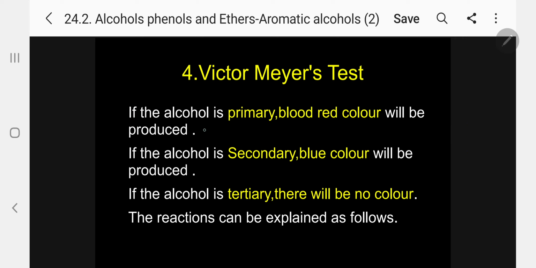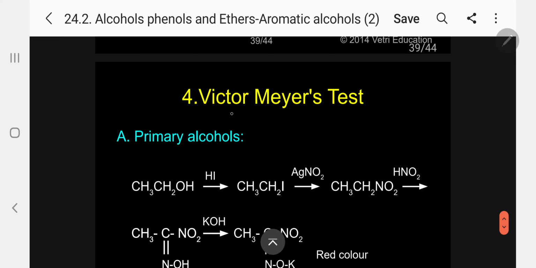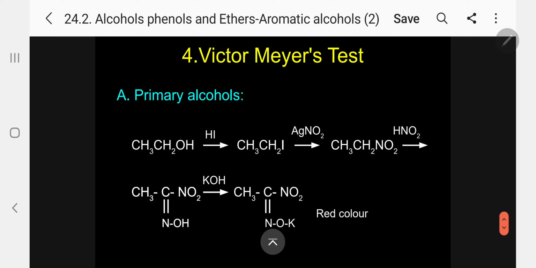The reaction can be explained as follows. I will explain now what the actual reaction taking place in the primary alcohol is. First, we are treating with HI. So alkyl halide forms, a substitution reaction. Ethyl alcohol gives ethyl iodide and the corresponding water. Water is not shown in the equation.